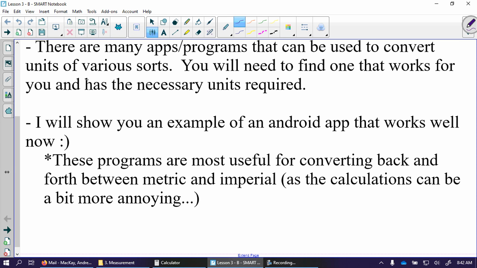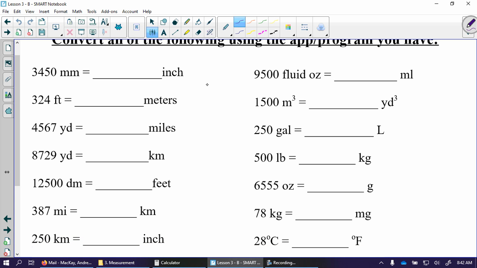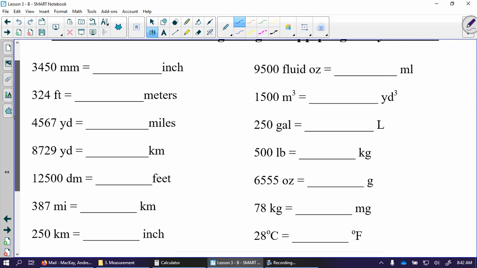I'm not going to spend a whole bunch of time on that at the moment, but basically you can have apps, programs that will do any of the unit conversions that we've talked about and even more, into all sorts of different units. I have a handful on my phone, but we can go from distances, millimeters to inch, ounces of fluid to milliliters.